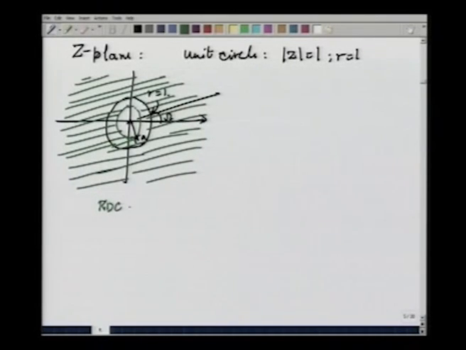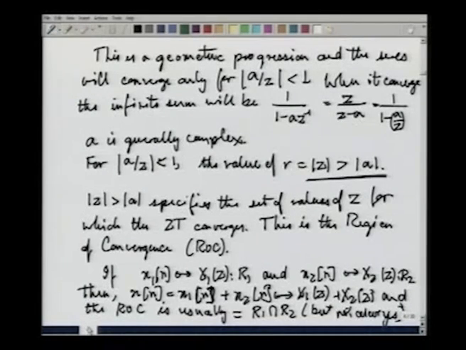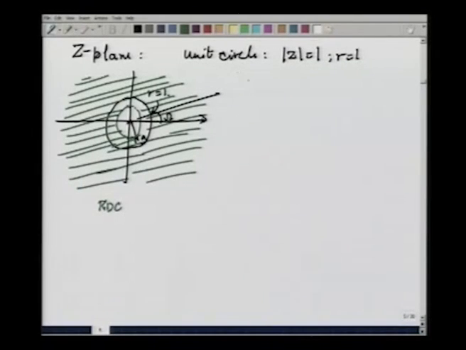Now, if you have two functions like we had in the last example where you had x1[n] and x2[n], let's make that example a little more concrete. Let's say that x1[n] equals, say, 2 to the power n u[n], and x2[n] equals (1/5) to the power n u[n].